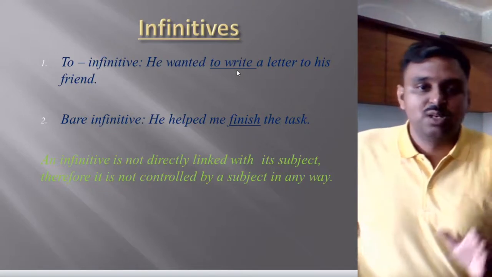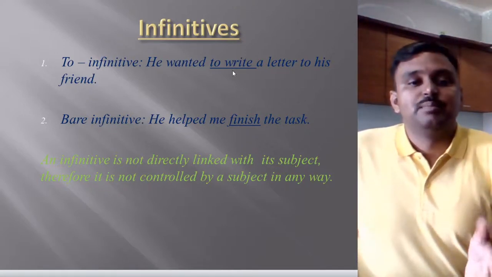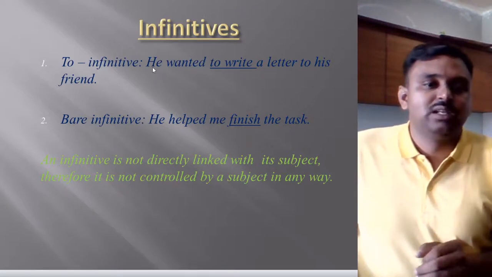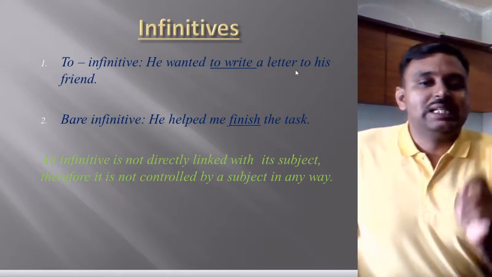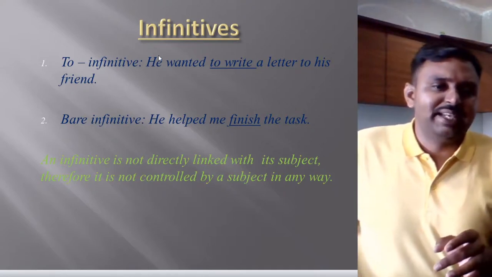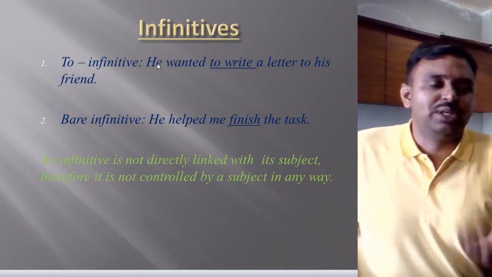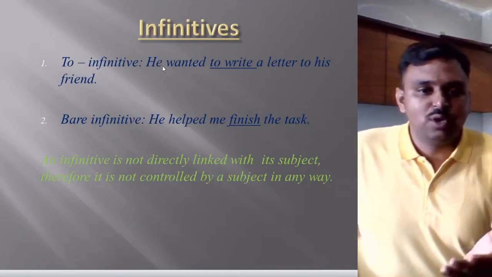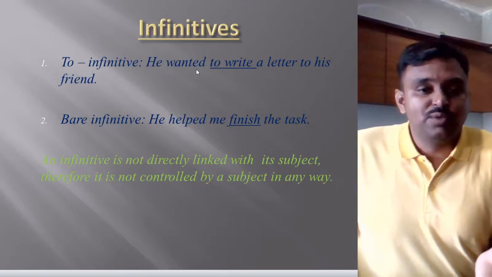A finite verb changes, but the infinitive does not. Look at the example: He wanted to write a letter to his friend. Here, if I change the person, he into I, or she, or they, it is: they wanted, I wanted, we wanted.